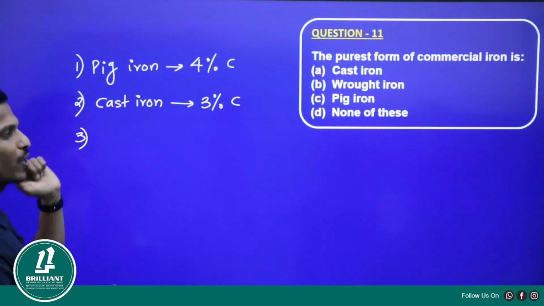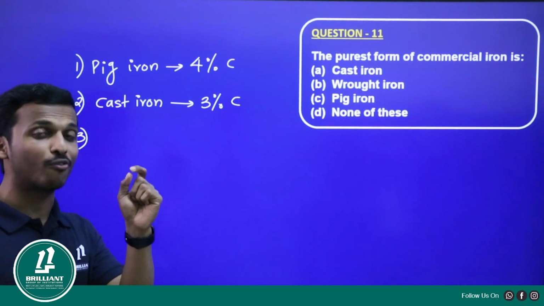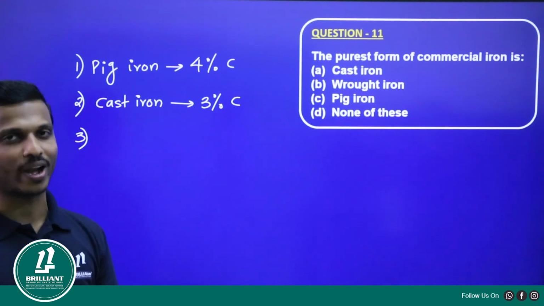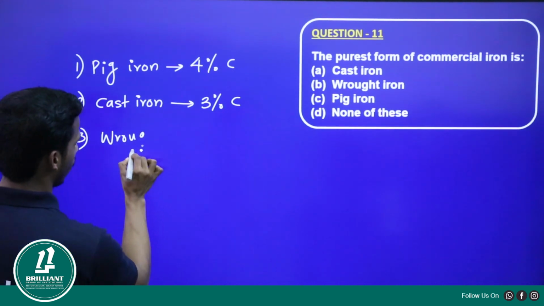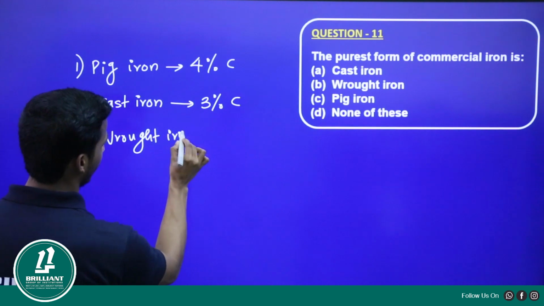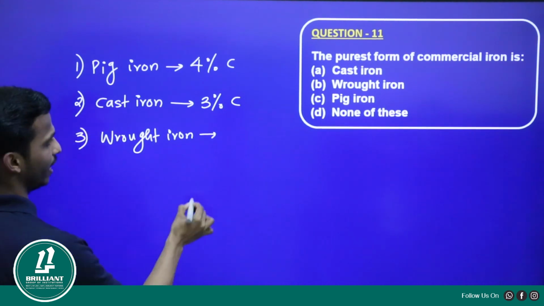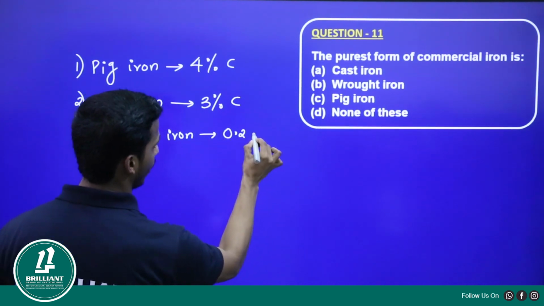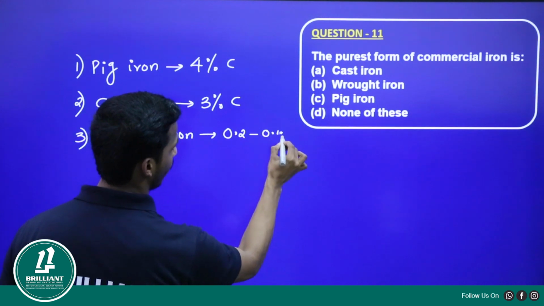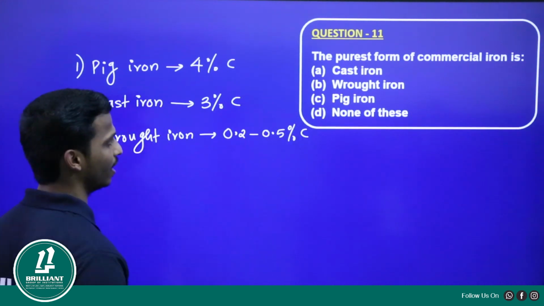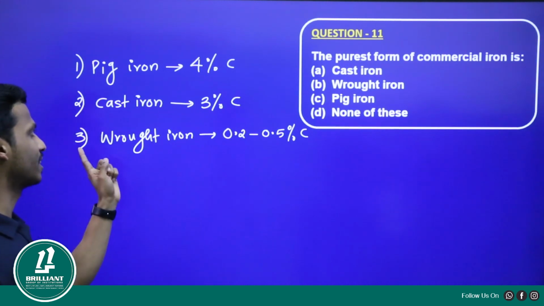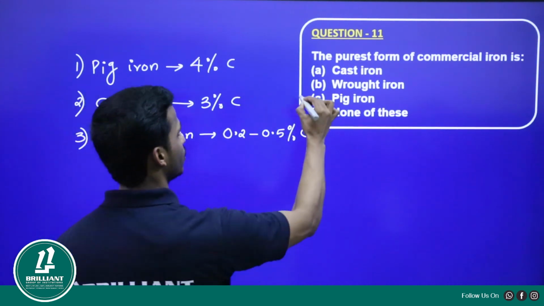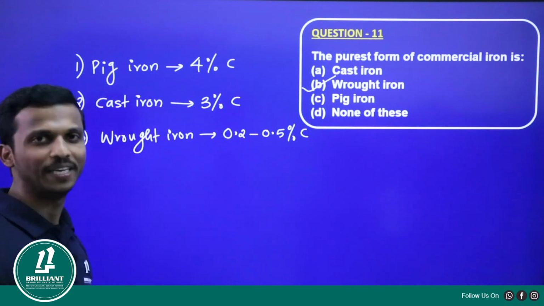But this is not the purest form. The purest form of commercial iron is known as wrought iron. It's prepared from cast iron. It contains only 0.2 to 0.5% of carbon. So this is the purest form of commercial iron, nothing but wrought iron. So your answer is option D.